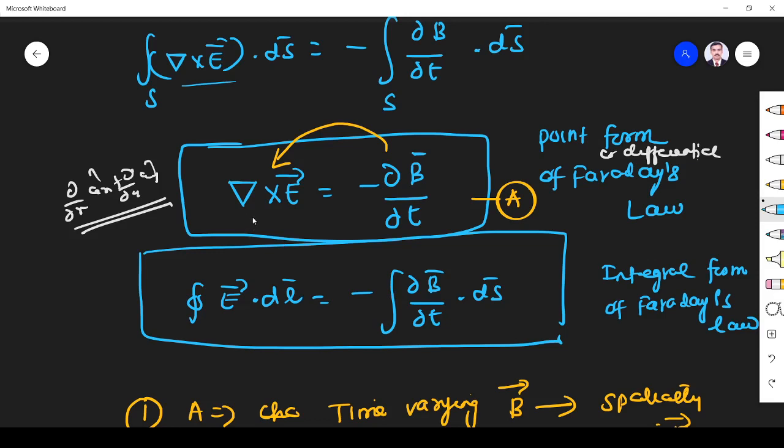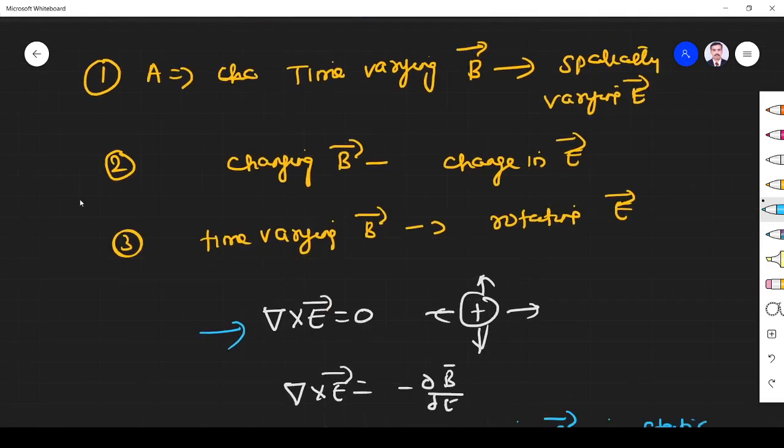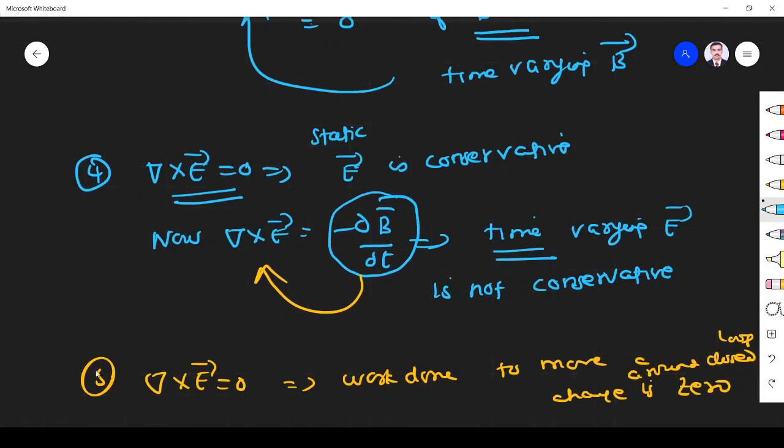Since both are explaining the same thing, why do we need two forms? You are telling del cross E 0, closed integral E dot dl 0, or del cross E is equal to minus dou B by dou T, closed integral E dot dl is equal to minus integral dB by dt dS. Everything is talking about the same thing, so why do I need two forms?